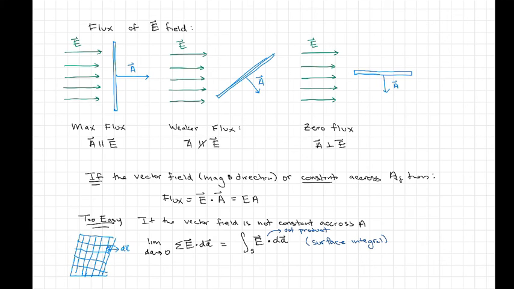When you're doing a surface integral, you want to make sure that the units make sense. The units of this little area element, sometimes you're going to want to use Cartesian, sometimes spherical or cylindrical coordinates, but whatever you replace this with needs to have units of area, so that's length squared. We're talking in this class about the flux, not of just any vector field, but of the electric field through a surface.